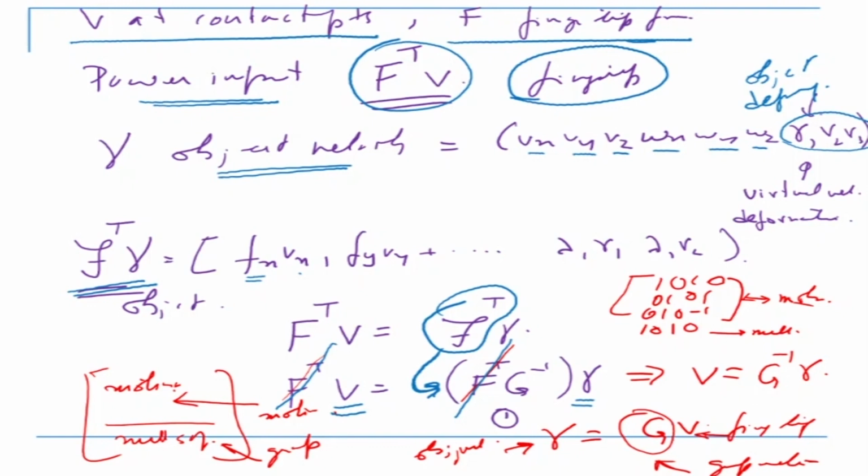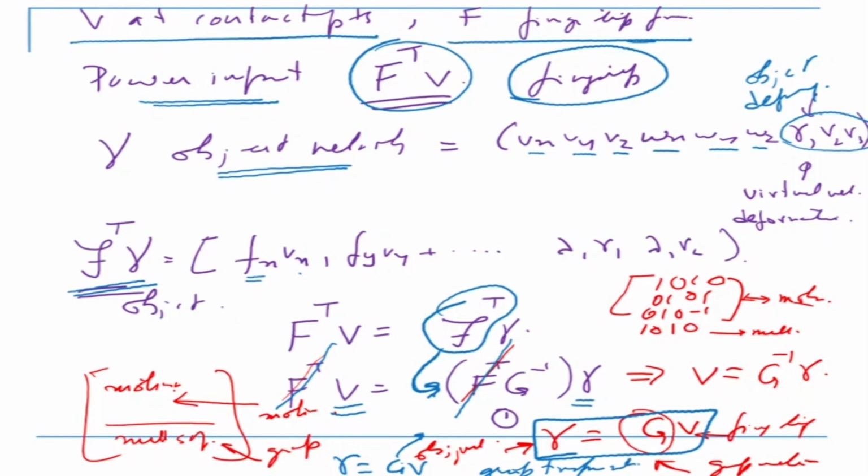What is v? v is the velocity of the fingertip. If I bring G onto this side, gamma will be equal to G into v. So gamma is equal to G into v, and G is basically called the grip transform matrix.